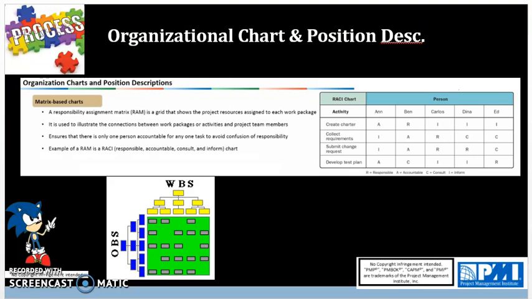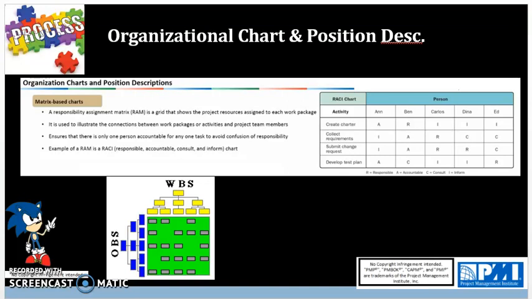A RACI matrix is an example of a responsibility assignment matrix. Note, you can have multiple people that are responsible, can be informed, and can be consulted. However, you can only have one person that is accountable, where the buck stops with them in terms of the successful completion of that activity.